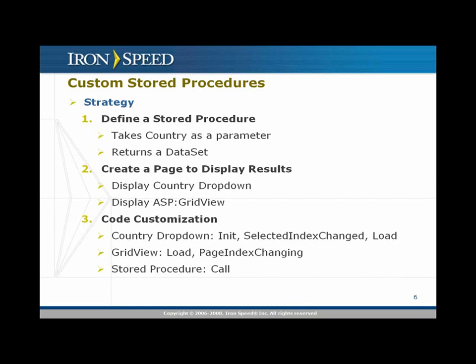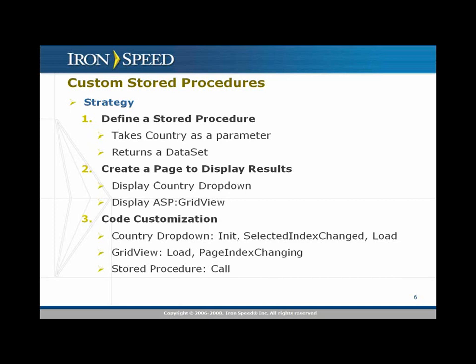You don't have to worry about connection objects and so on. Finally, the third part of our customization takes us to the code customization. We need to customize the drop-down list that we have created, called the country drop-down, and we're going to add 3 different functions for that. One is the init function, in which we basically set up the drop-down initially.